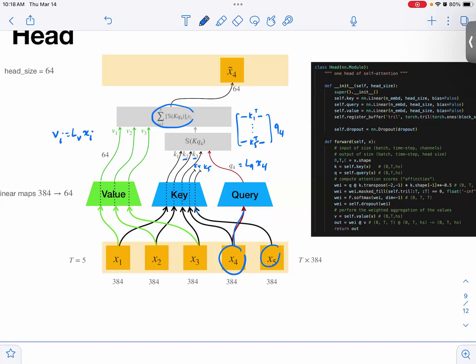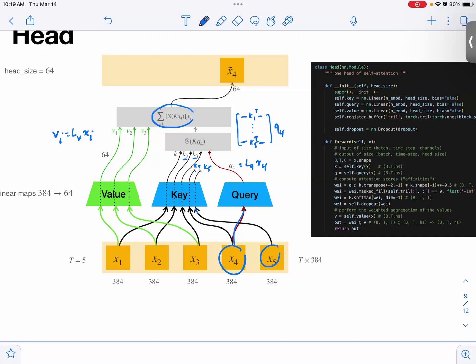Why is it not a column? Here, this layer calculates a new embedding for each of these positions. I'm showing you what happens, for example, with X4. This procedure is done, and you get a new embedding for X4. These yi's here are the values that you predict, and they are 64-dimensional.